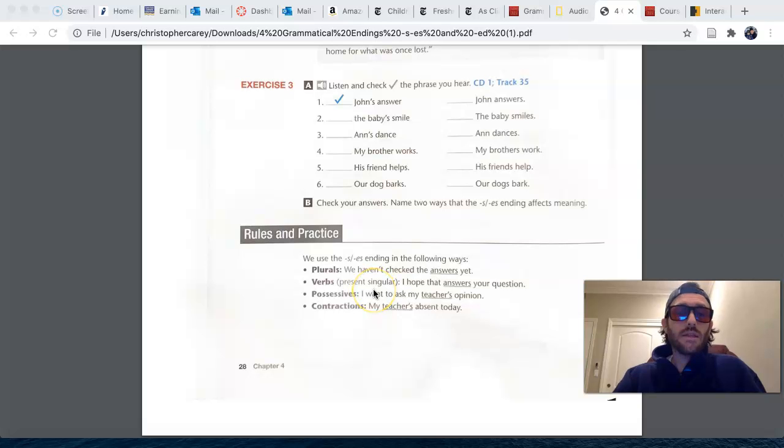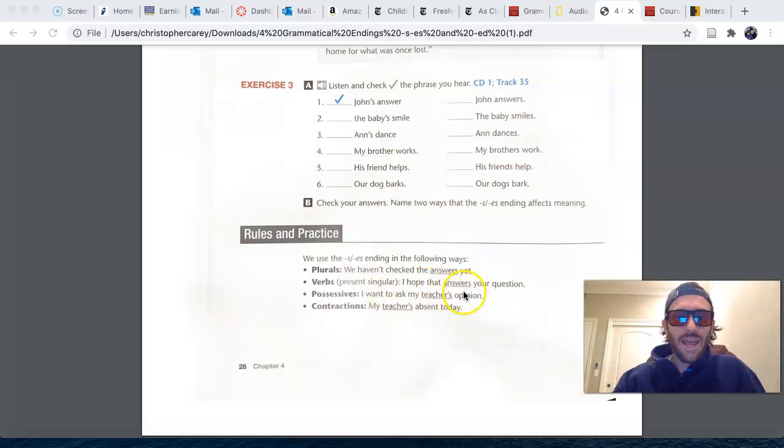Verbs in the present tense in the third person singular, when we talk about the subjects he, she, or it, we also add the S or ES. It's a unique feature of English and a feature that students need to practice a lot in order to master.